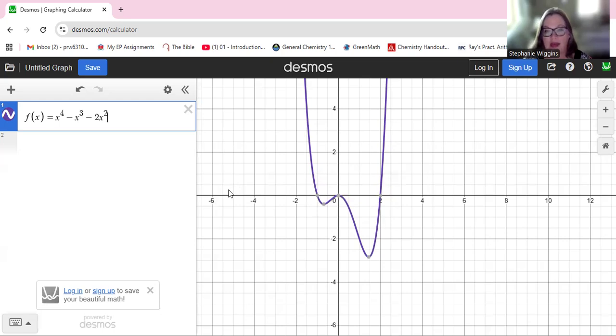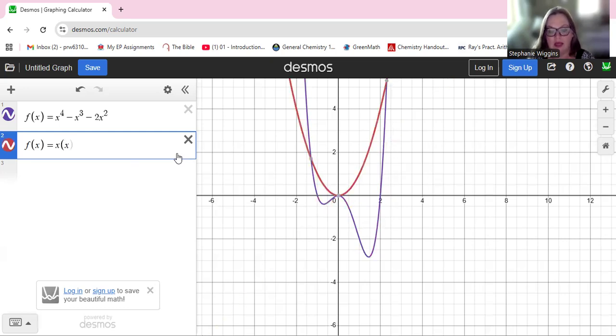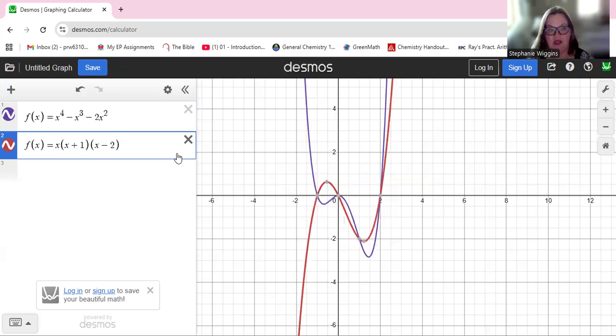So let me go ahead and type that in and let's see what we get. We get x times x plus 1 times x minus 2. These are the factors that I mentioned.